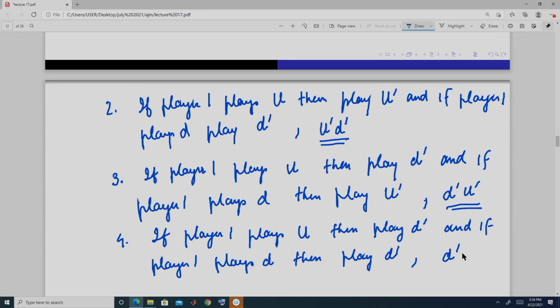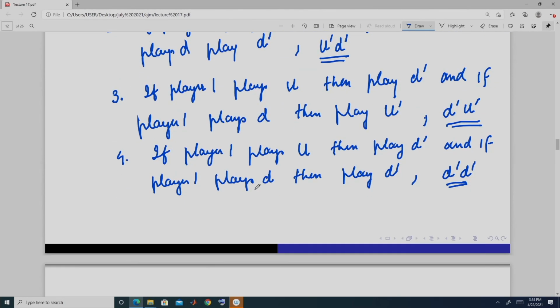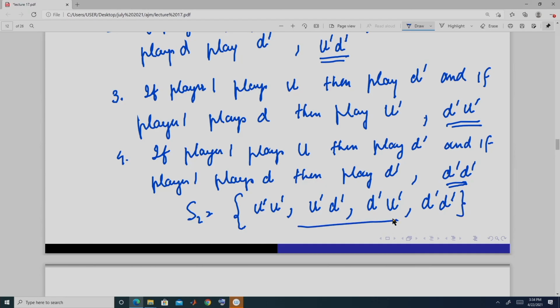So, it is the D dash D dash strategy. So, the whole strategy set of player 2 is U dash U dash, U dash D dash, D dash U dash, D dash D dash. So, we have 4 strategies.